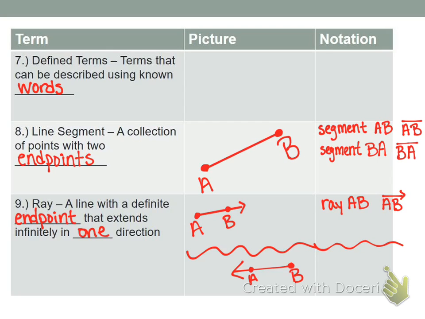Okay, so this is another example of rays, but this one would be called ray BA. We have to start with the endpoint, head towards the arrow. It doesn't really change what the notation looks like. We still make our little ray over the top pointing to the right.